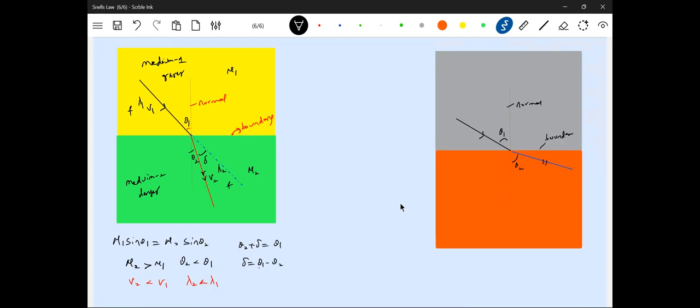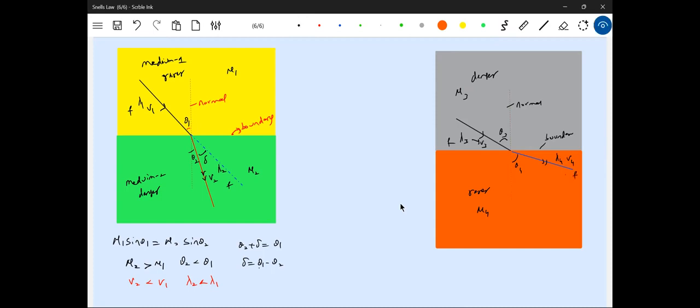Now, okay, I'll do one thing. Theta 3, theta 4, let me call. So this is the denser medium. This is the rarer medium. Here mu 3, this is mu 4. Here the wavelength of light is lambda 3, speed v3, frequency f. Wavelength of light here is lambda 4, speed is v4, frequency of light will be f.